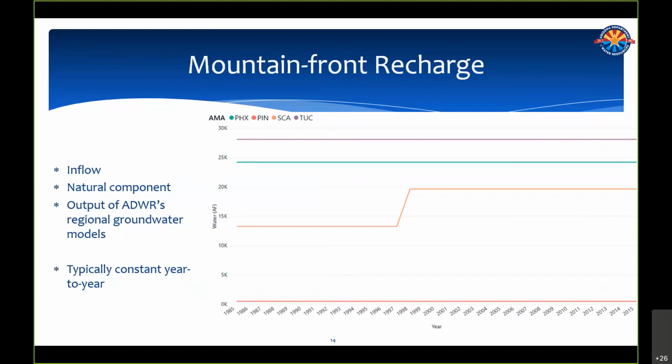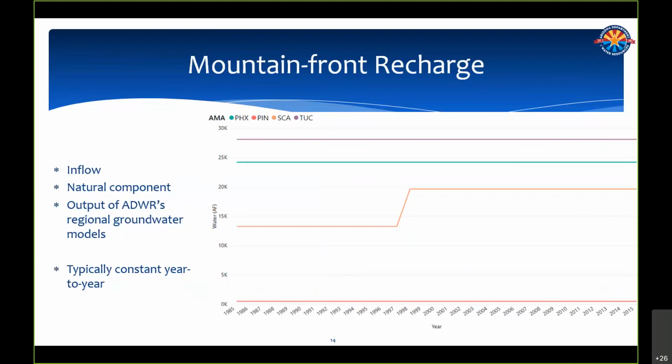So it comes in with a basic number. We don't calculate it, or we don't have direct measurements of recharge or even runoff down the mountain front. And then it can be used in the calibration process of the model and adjusted through calibration.